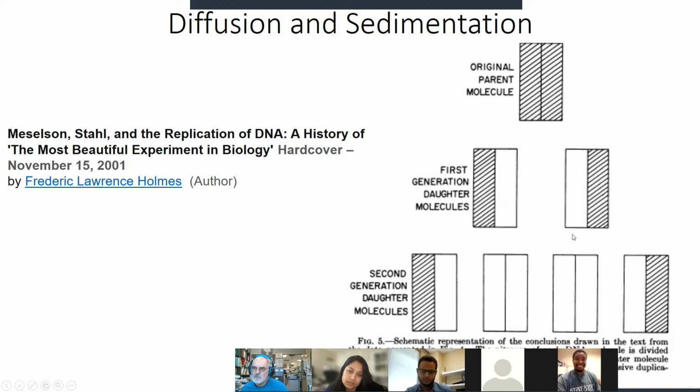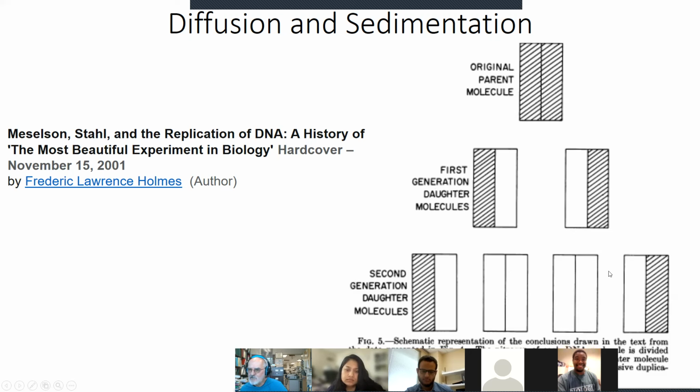And so this was the original evidence for semi-conservative replication, that some machinery came along and duplicated each strand separately and made a mixture of strands. And then if you kept going, you would still see mixtures, but now these new strands would also be made with N14, and they would have a different density than the first generation.